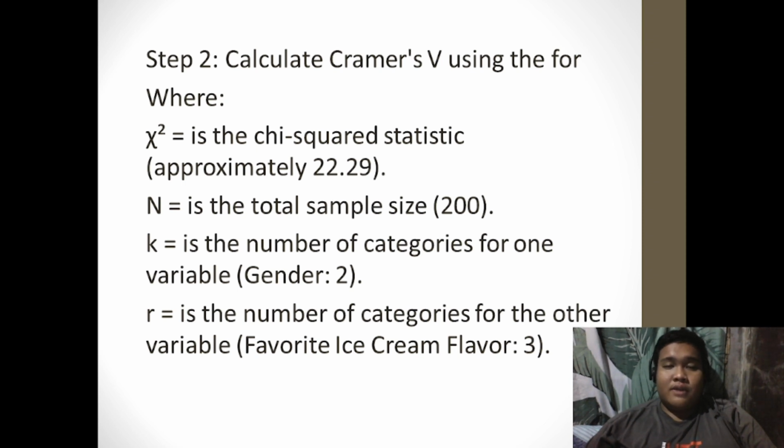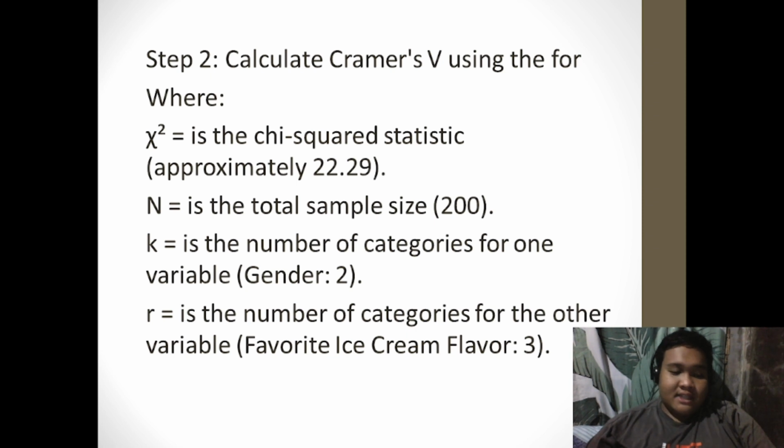Step 2, calculate Cramér's V using the formula. The formula is the one I gave in the previous slide. X squared is the chi-squared statistic, approximately 22.29. Where do I get this 22.29? Like what I said in example 1, repeat this calculation for every cell and sum up the x squared values.